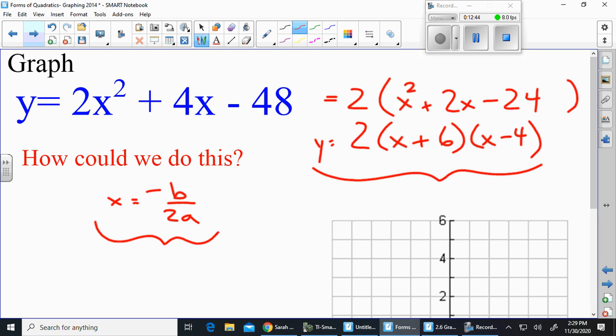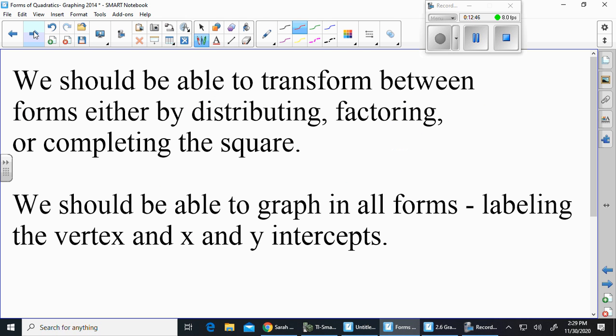That's okay. The other thing you want to know, you can transform between the forms by distributing, factoring, or completing the square. Now, this is how we change to vertex form.